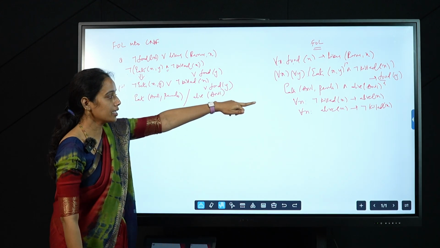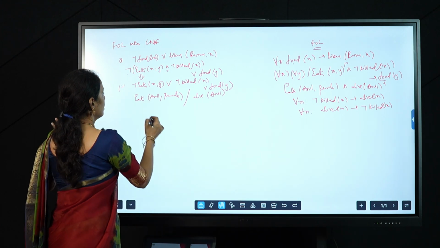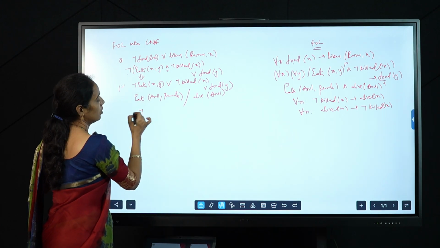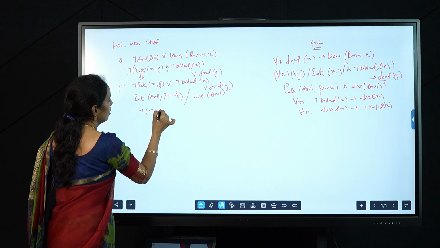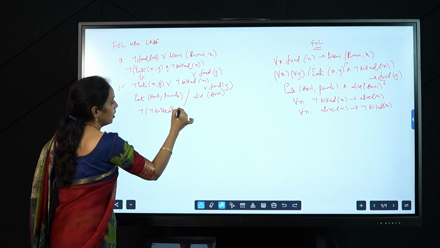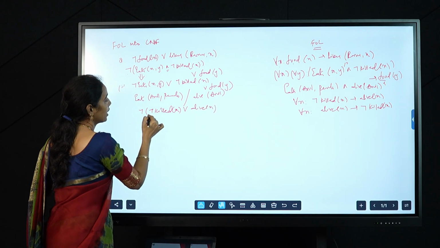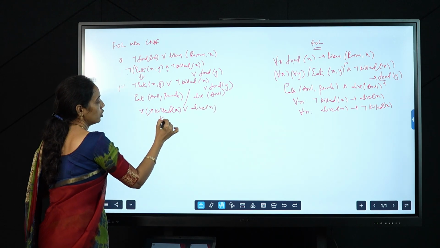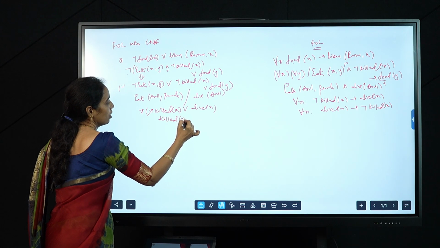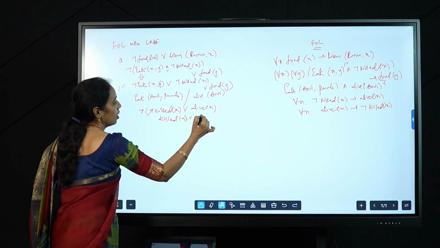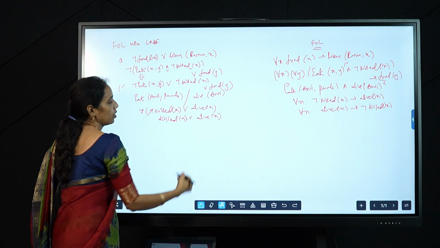So the next one, again it is in the form of p conditional q, that is negation of negation killed x or alive of x. We know that negation gets cancelled, so it will become killed x or alive of x.